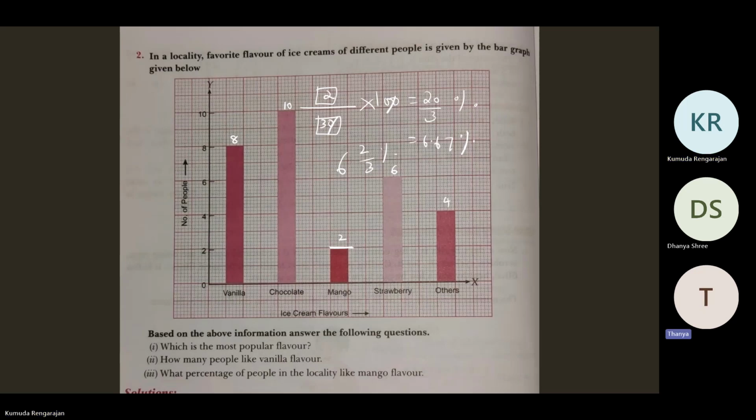Ma'am, 20 percentage strawberry. Okay. 10 by 30 into 100. Is this correct? So it will be 100 by 3, which is 33 1 by 3%. Correct?